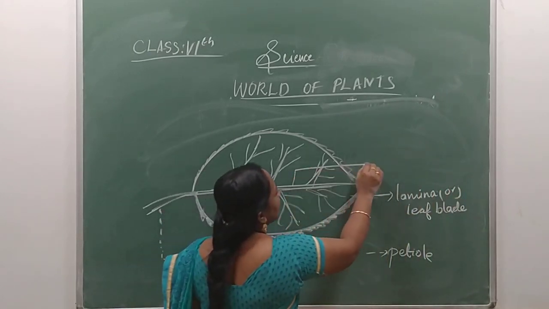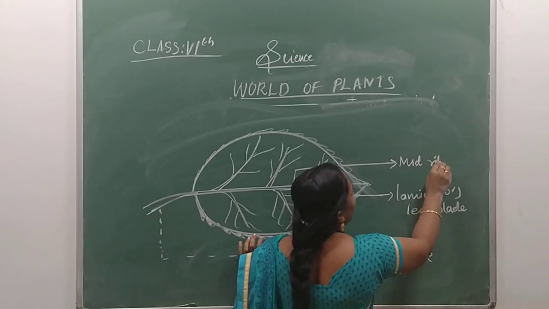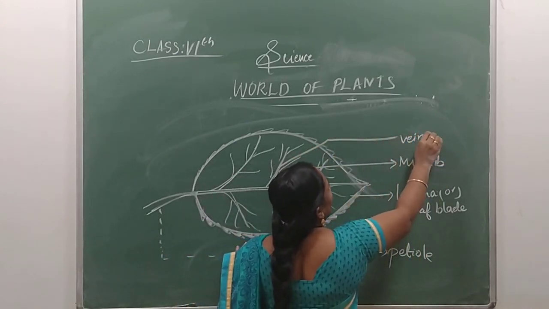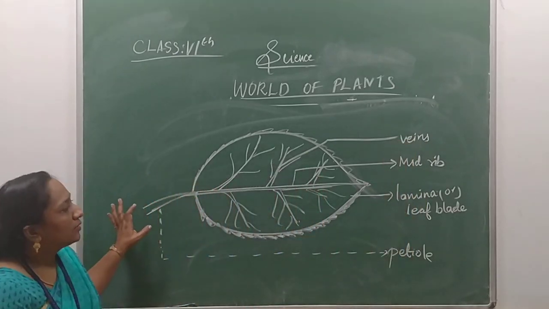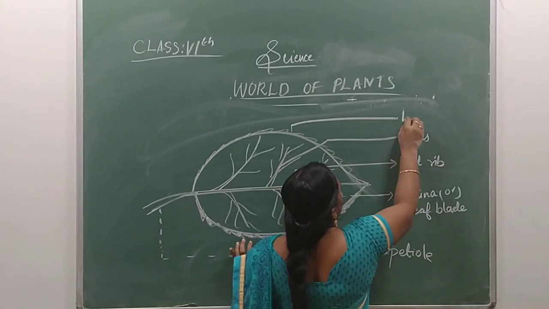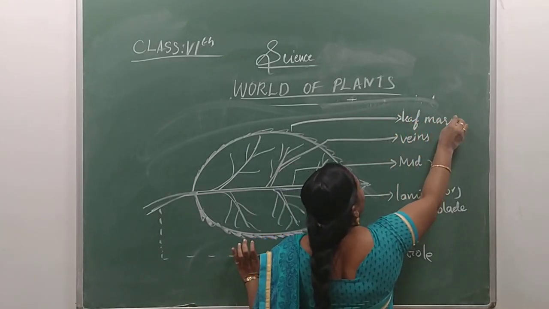And this is mid-rib. And these are all veins. Students, after this, what is it said to be? Leaf margin.